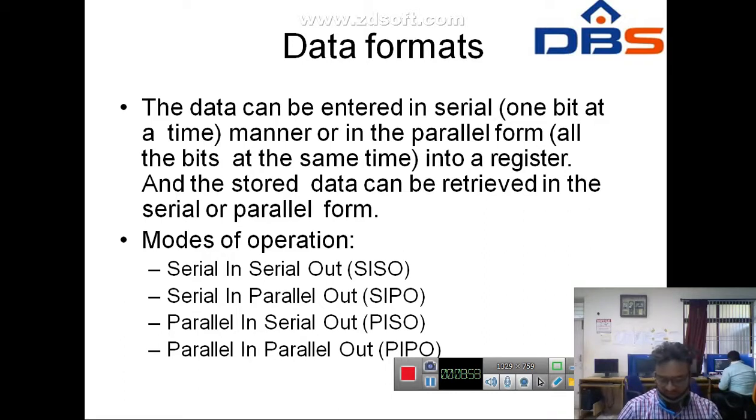So these are the different modes of operation. We shift the data from one device to another device, and these modes are executed in different types of registers.